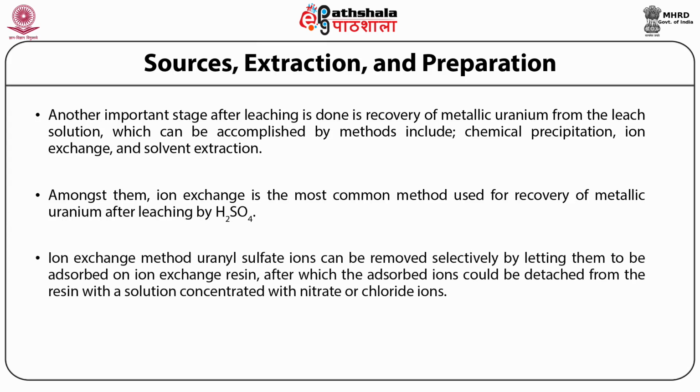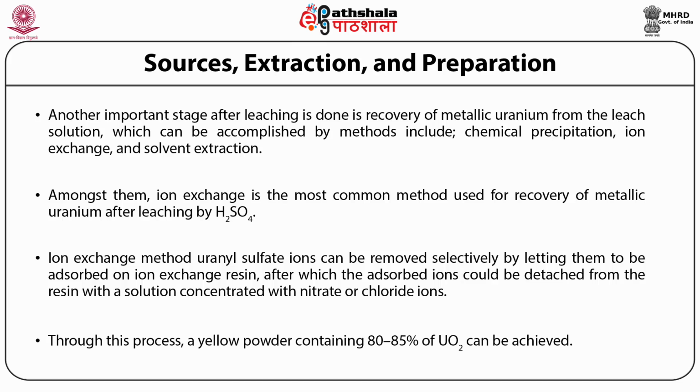In the ion exchange method, uranyl sulfate ions can be removed selectively by letting them be adsorbed on ion exchange resin, after which the adsorbed ions can be detached from the resin with a solution concentrated with nitrate or chloride ions. Through this process, a yellow powder containing 80 to 85% of UO2 can be achieved.